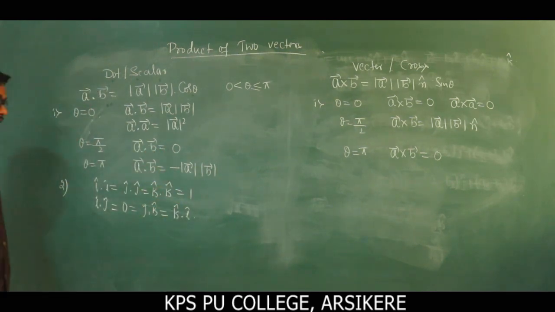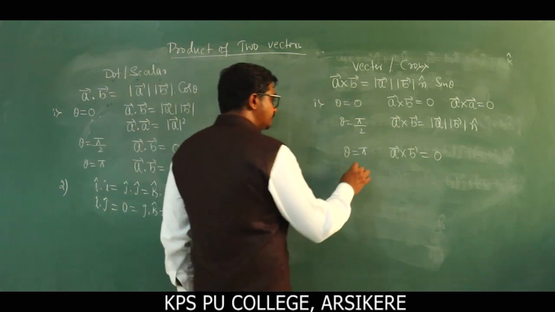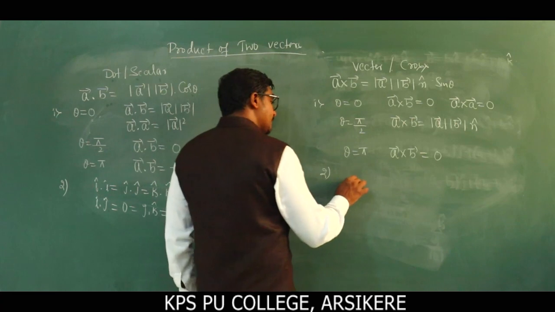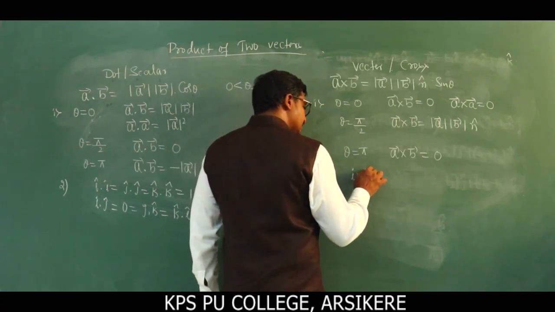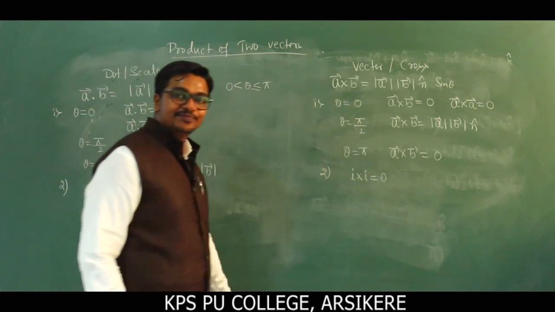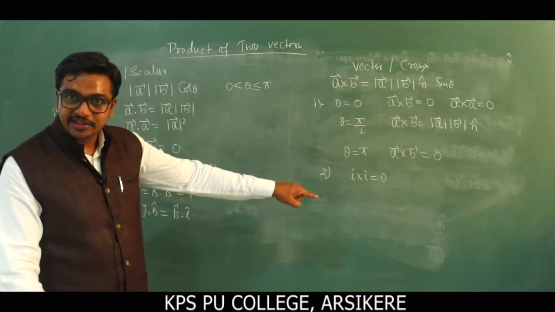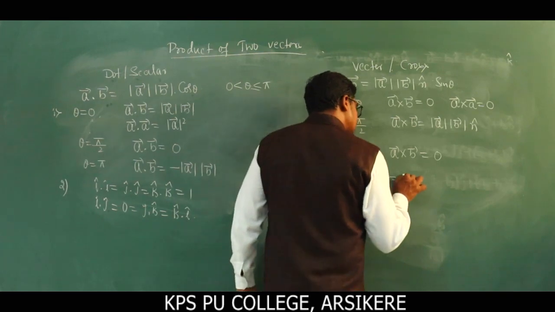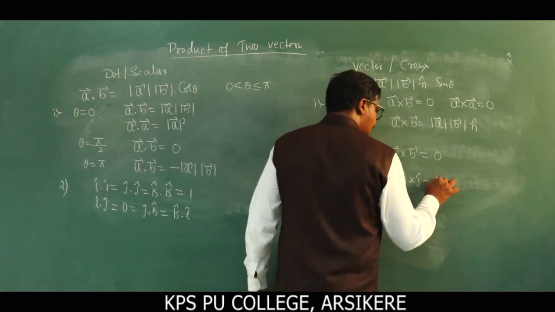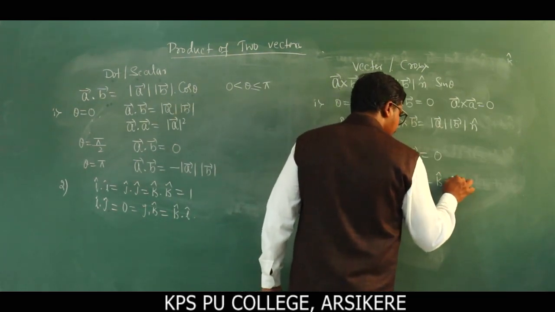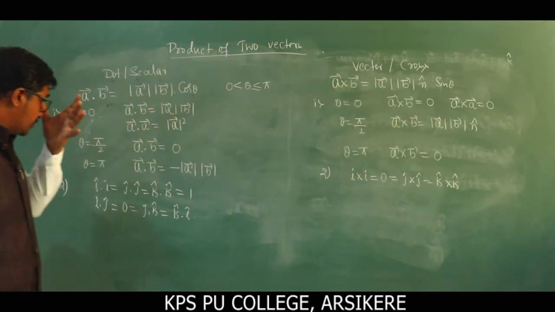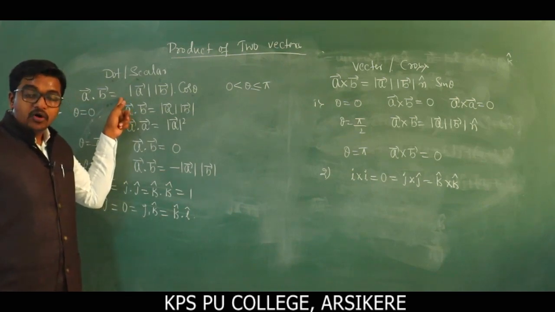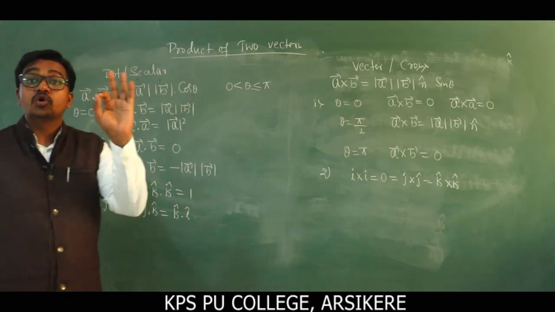This is the case. And next one, in vector product, I cross I is equal to 0, because the angle between them is 0. Sin 0 becomes 0. It is equal to J cross J is equal to K cross K. And I forgot one concept. A dot product or scalar product satisfies the commutative property.